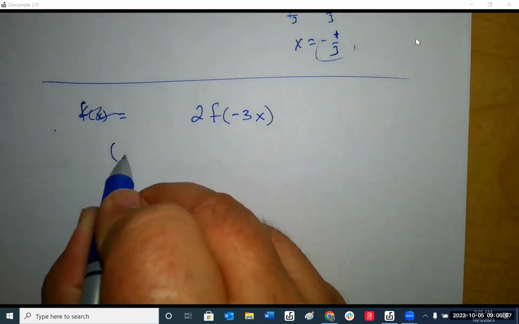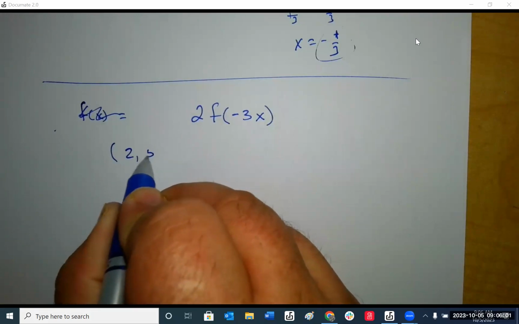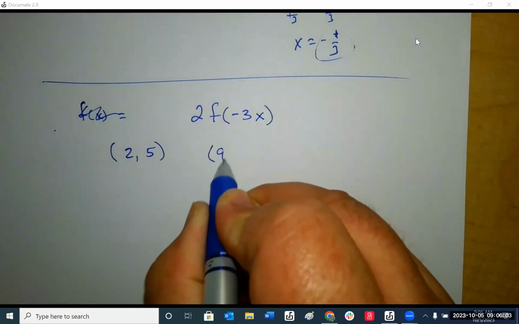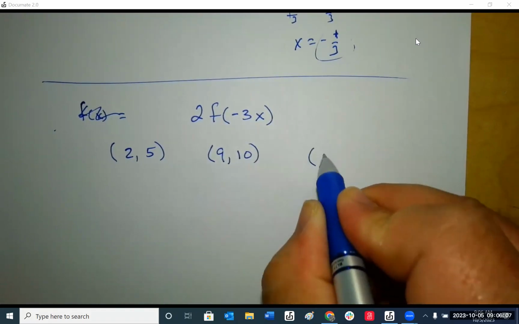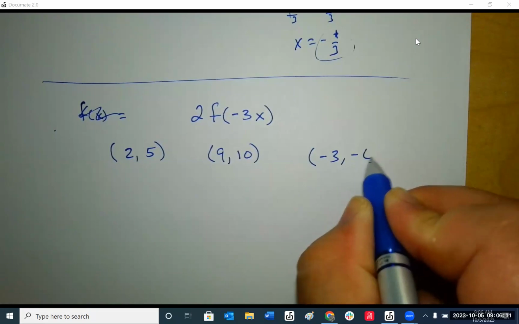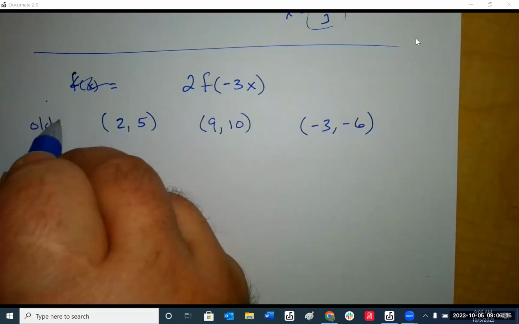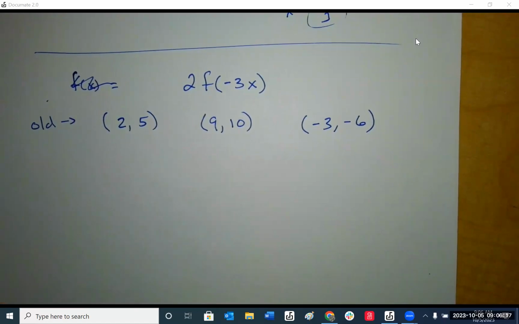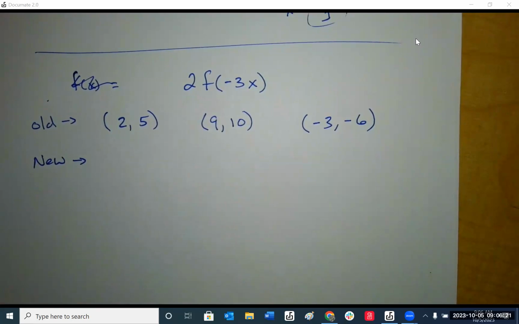I'm going to give you these points. These are my old points from the original function. Tell me the value of my new points.